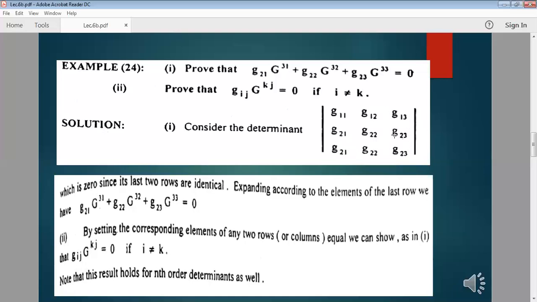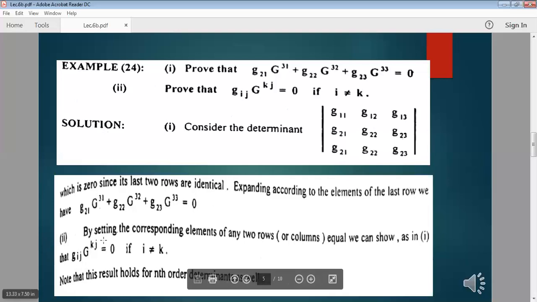So this is our first cofactor, which is G31. When we delete this column and this row, we get G11, G21, G13, G23, so it will be G32. Similarly, when we find the cofactor of G23, this column and this row will be deleted and we have only this term. So this cofactor is G33. So it will give answer 0.